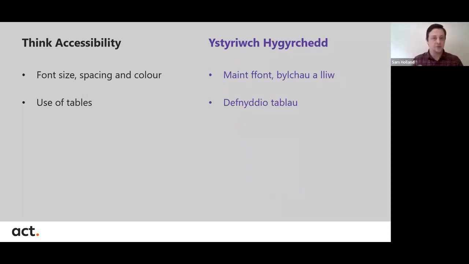Obviously, the point of using a table is that you can talk through the table and say, right, over here on this side there's this information, over here there's this information. But a screen reader is just going to go, if we think of it in terms of an Excel spreadsheet, A1, A2, A3, B1, B2, B3, C1, C2, C3. It's not going to give the option to disseminate the text properly.